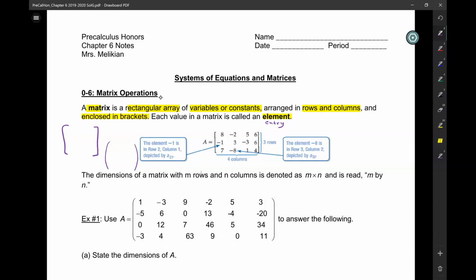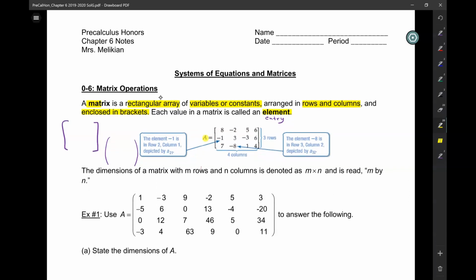All right. How do we label and talk about matrices? A matrix gets a capital letter as its name. So here, this is matrix A. And you see here how it has 4 columns and 3 rows, right? Now, look at this element here, this -8. Where is its position?